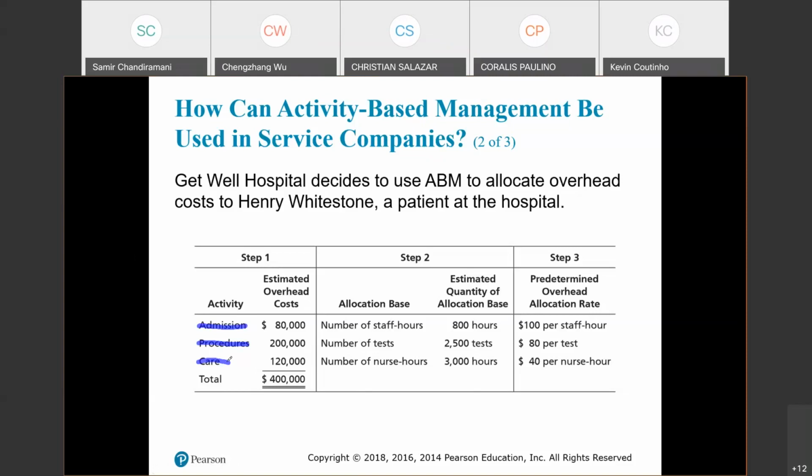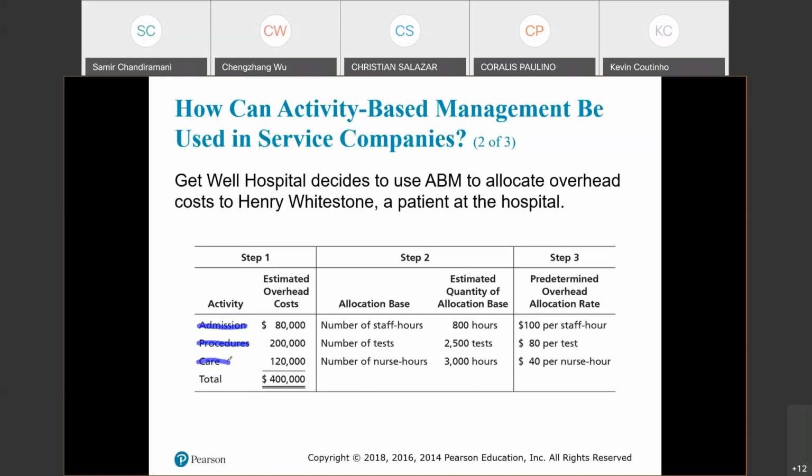Well, let's see. For the first one, admission, the estimated overhead cost is 80,000. The second one, procedures, 200,000. The last one, care, 120,000.